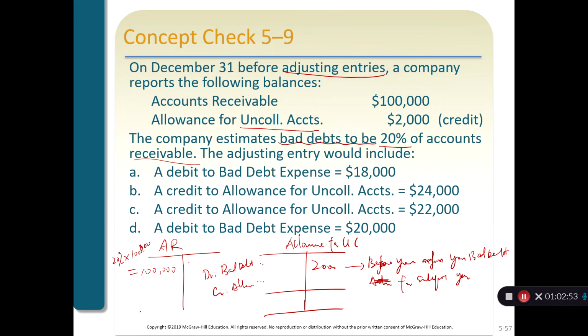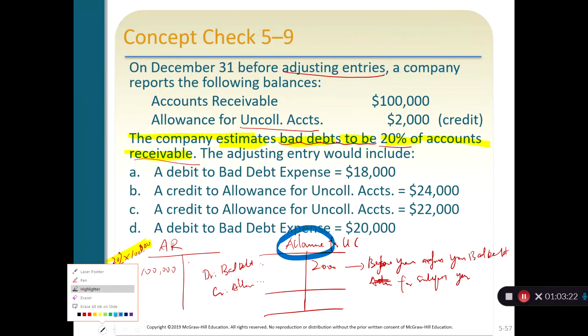Read this clearly. The company estimates the bad debts to be 20% of accounts receivable. It didn't say the bad debt expense should be 20,000. What this sentence is saying is that the allowance account for next year, for this $100,000 that is to be collected, should be $20,000.